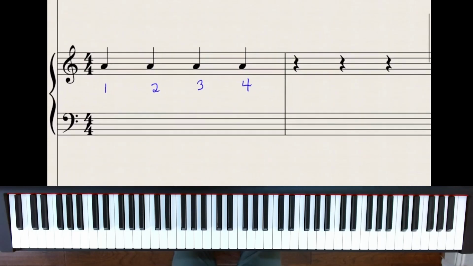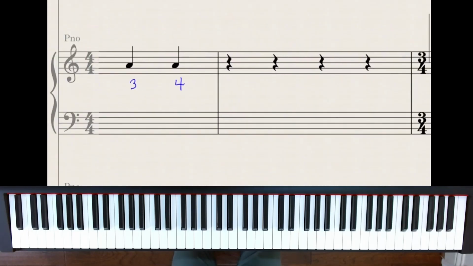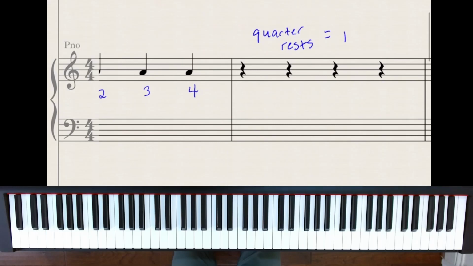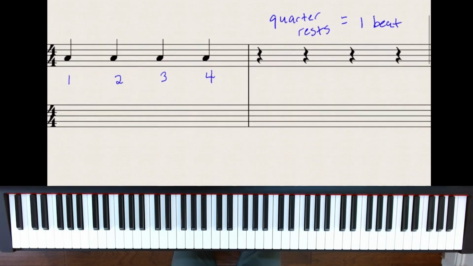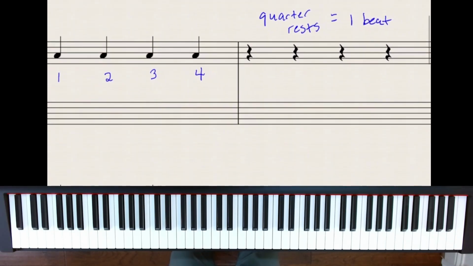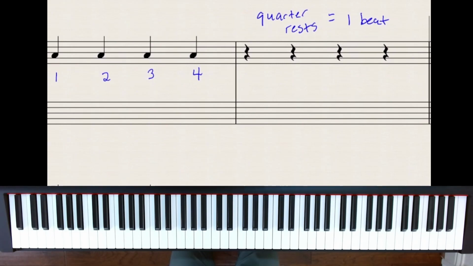Now, if we slide over just a little bit, now you can see that there are what are called quarter rests. And they also equal 1 beat. But it's a beat of silence. So in this measure, we're not playing anything. Our right hand is going to be resting.